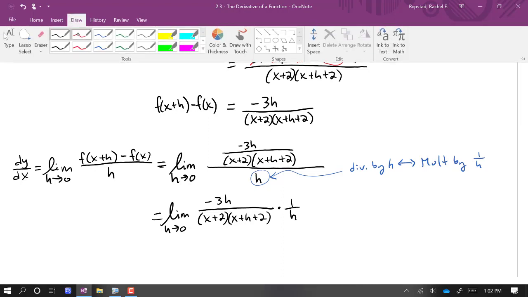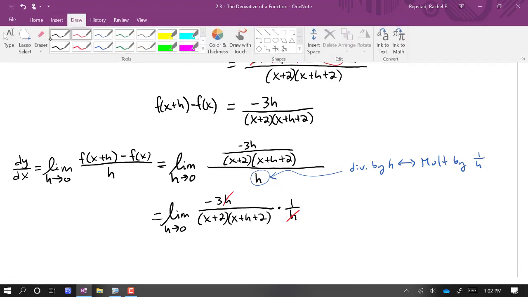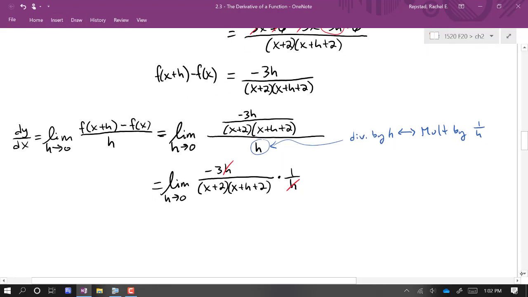And once I do that, I see, of course, I can now cancel this factor of h with that factor of h on top. And we want to evaluate the limit as h approaches 0 of the fraction -3 over x plus 2 times x plus h plus 2.